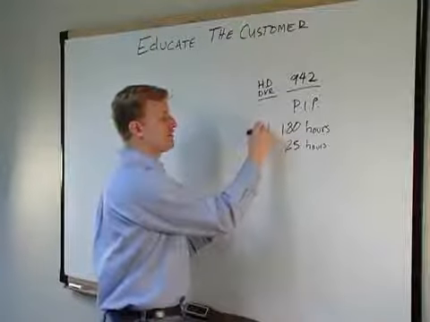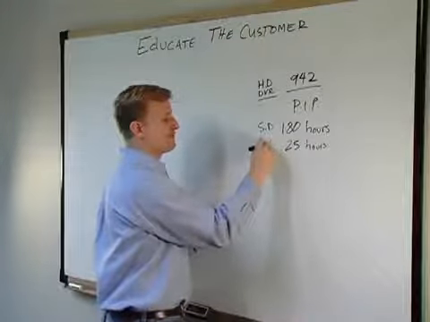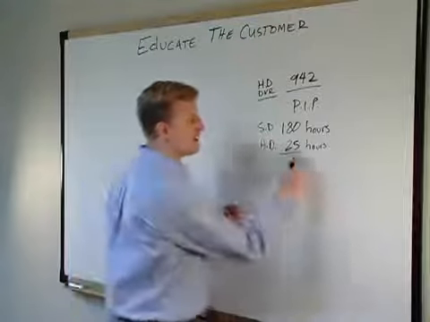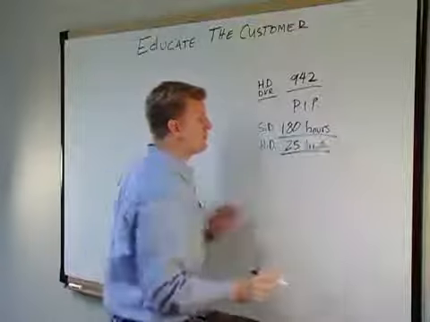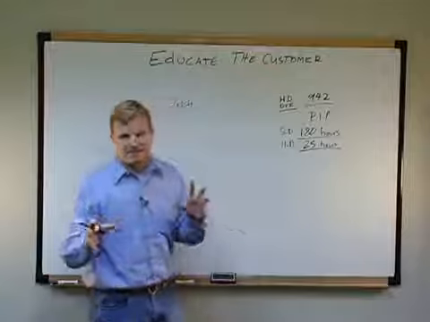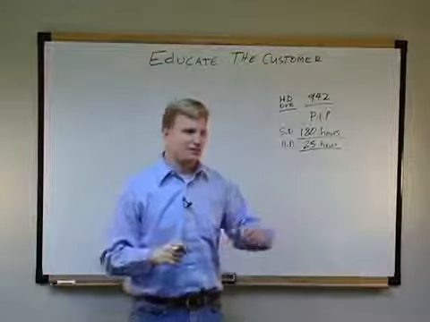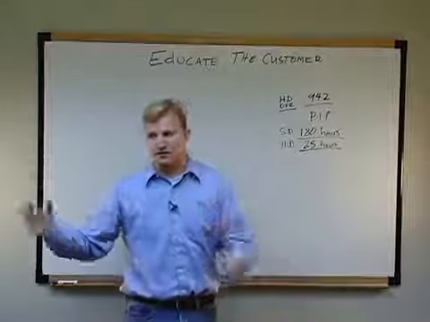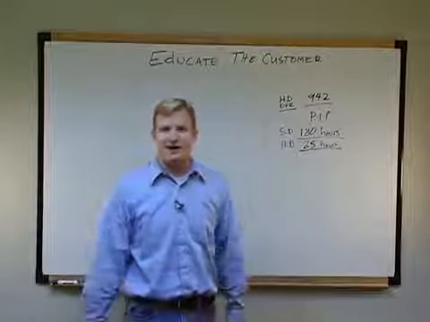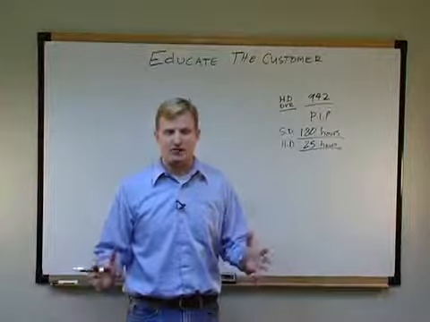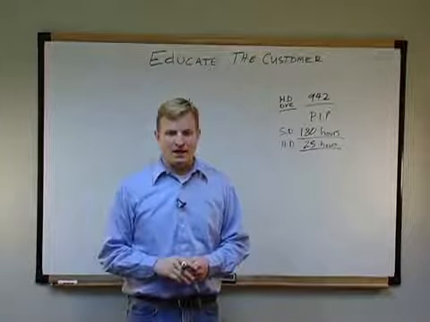So this is standard and this is high def. 25 hours for high def, 180 for standard, and you can mix and match that. In other words, 10 hours of high def and then, I don't know, 100 or 90 hours of standard, something along those lines. It's going to work out that way.